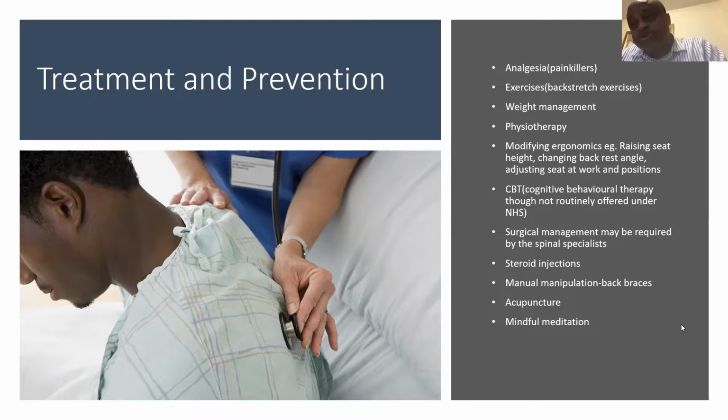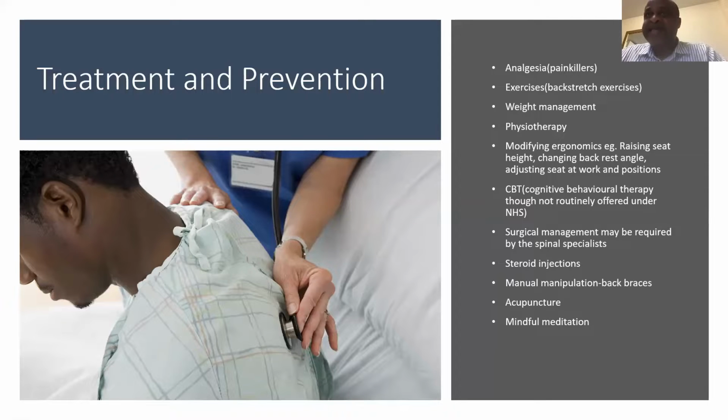Then we have the surgical management. If somebody develops problems of cauda equina, like we said before, if you start noticing that you have problems with bladder or bowels, or there is what we call saddle anesthesia, like we described before, numbness around your groin area and in between your legs, then it may warrant back pain surgery.